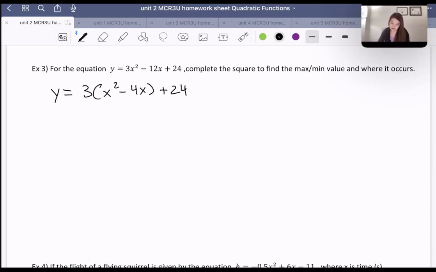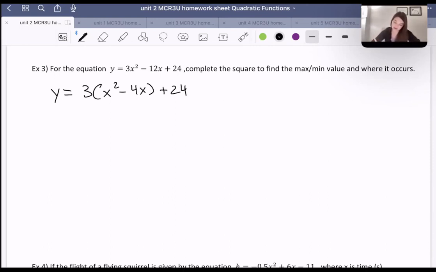Okay, then the next step is to take that b value, which in this case we're going to imagine is just this -4, and doesn't have to be multiplied by the 3. So keep that in mind too. Even though technically the b value is -12, we're going to pretend as though it's -4 because that's what's actually in our brackets. We factored out the 3.